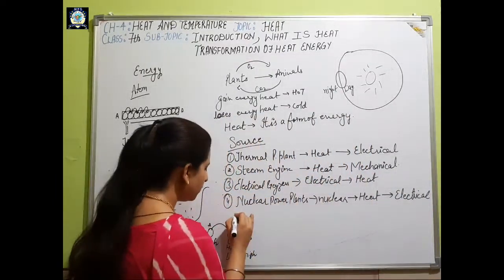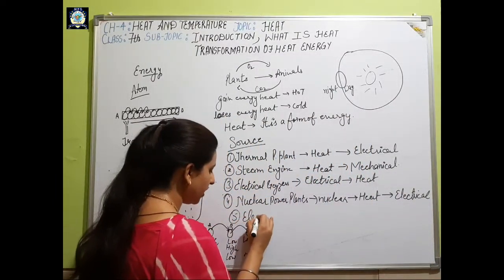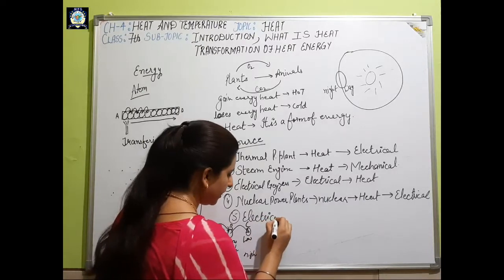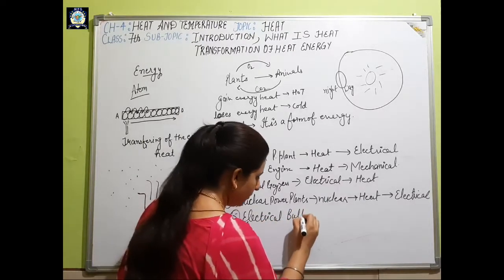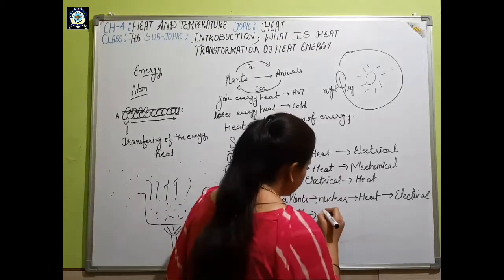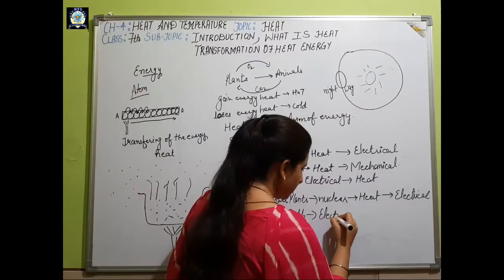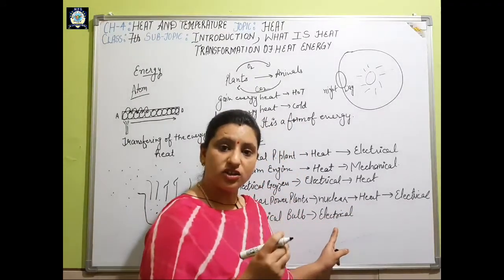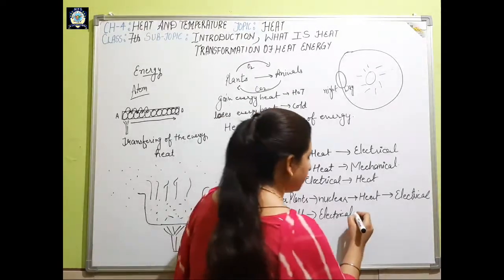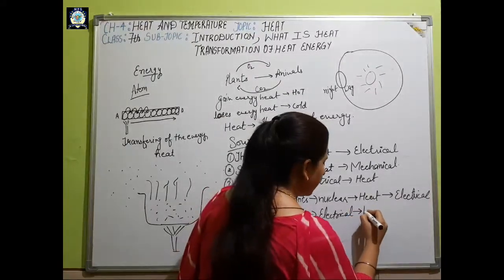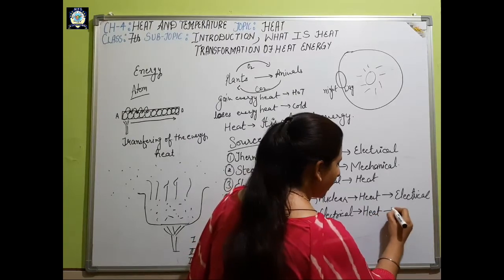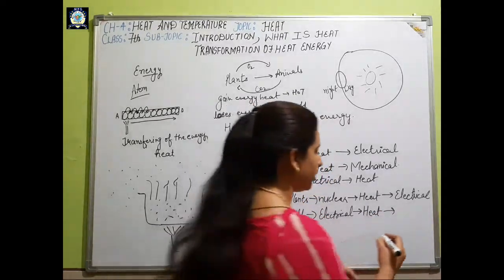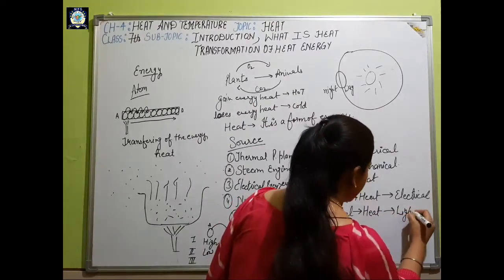If we go for the functioning of the electrical bulb, then in the case of an electrical bulb, the electrical energy, or you can say the electric current, is transformed into heat energy first, and this heat energy will be transformed into light energy.